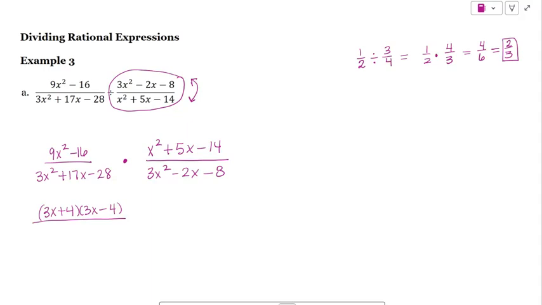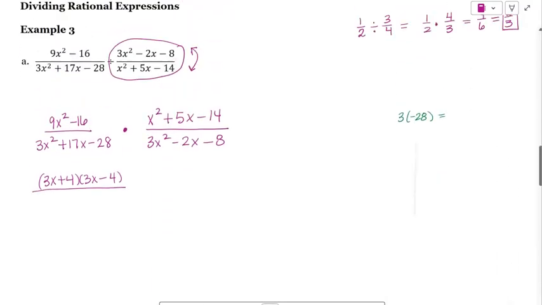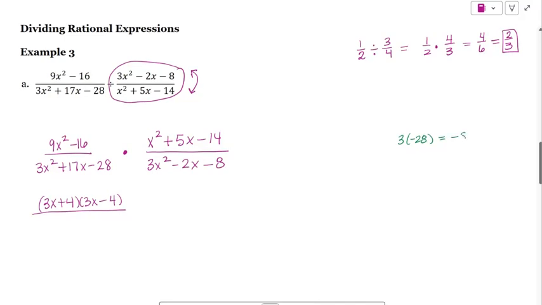I need to think about this denominator here. Let's see. Need to do some side work. 3 times negative 28, negative 84. Oops. So let's see, negative 84.